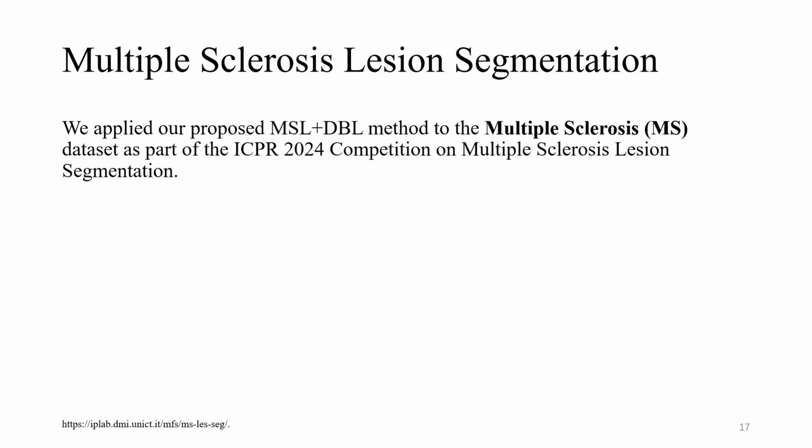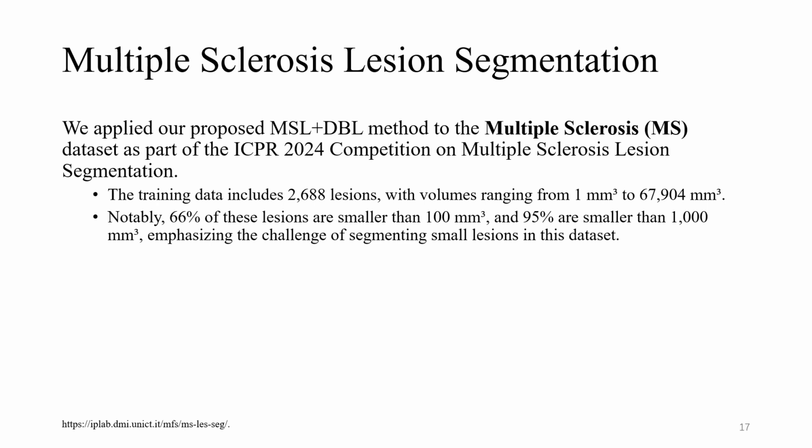And regarding the extension, we extended our methodology to the ICPR 2024 competition on MS lesion segmentation. In this competition, a notable 66% of the lesions are smaller than 100 voxels, and 95% of the lesions are smaller than 1,000 voxels. Given the challenges presented by small lesions in this dataset, we applied our MSL and DBL strategies, leveraging our ensemble approach to enhance segmentation accuracy.